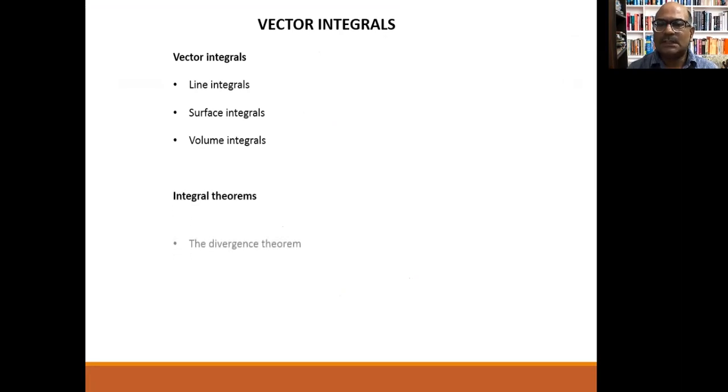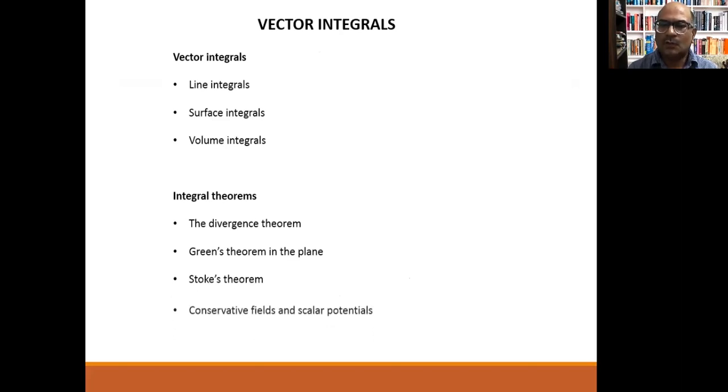Accordingly, we'll see the divergence theorem, Green's theorem in the plane and Stokes theorem. Along with that, we will have some idea of conservative fields, scalar potentials and vector potentials.